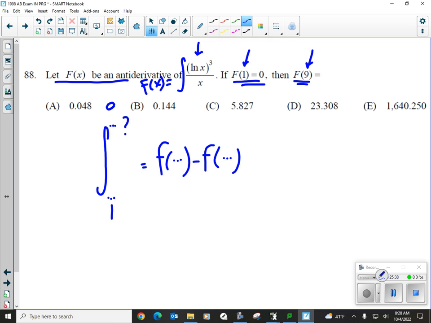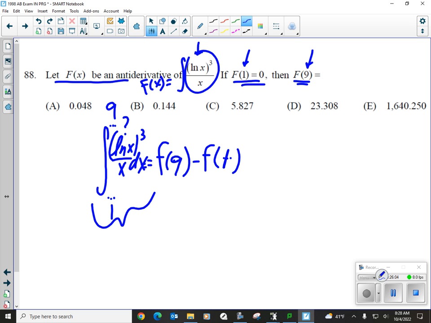I'm going to integrate ln of x cubed over x. Don't forget we need a dx. You will get points taken off. Well, this is multiple choice, but on short answers, if you don't write that dummy variable, you get points taken off. From my upper bound to my lower bound. I mean, that's literally it.